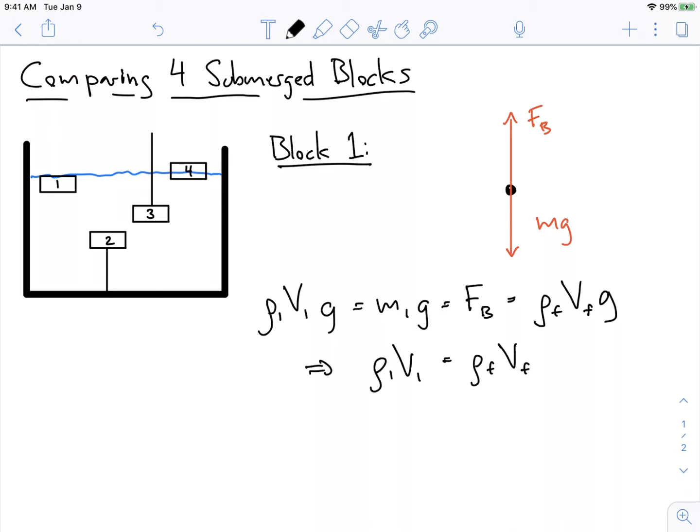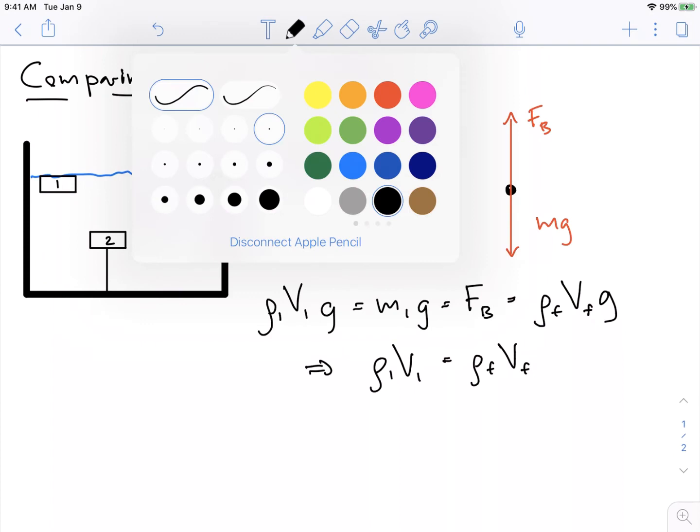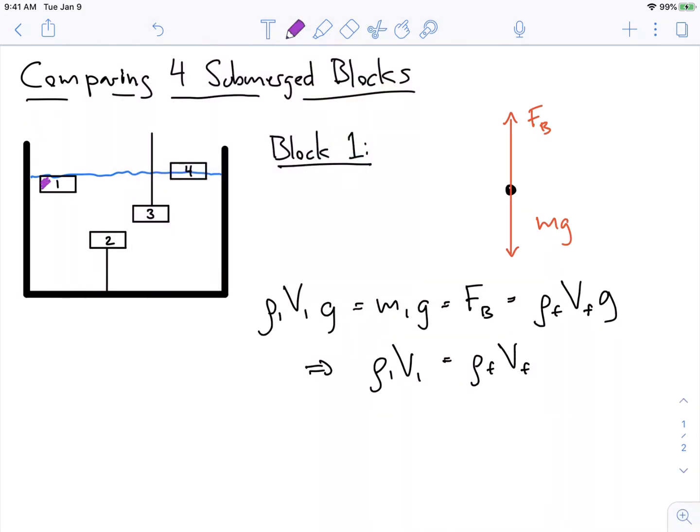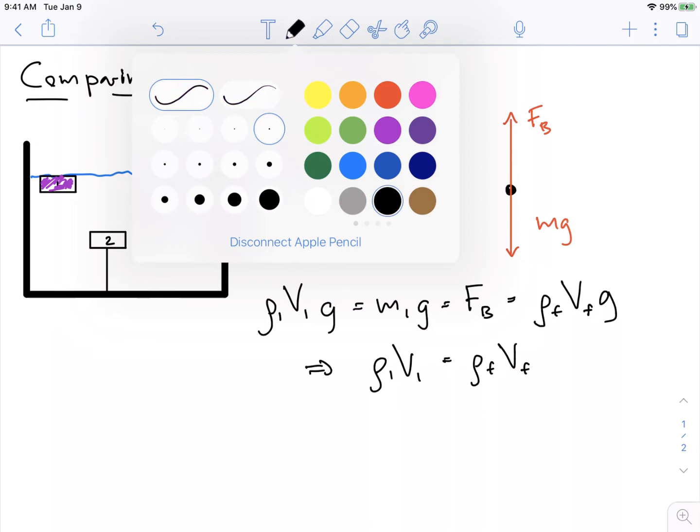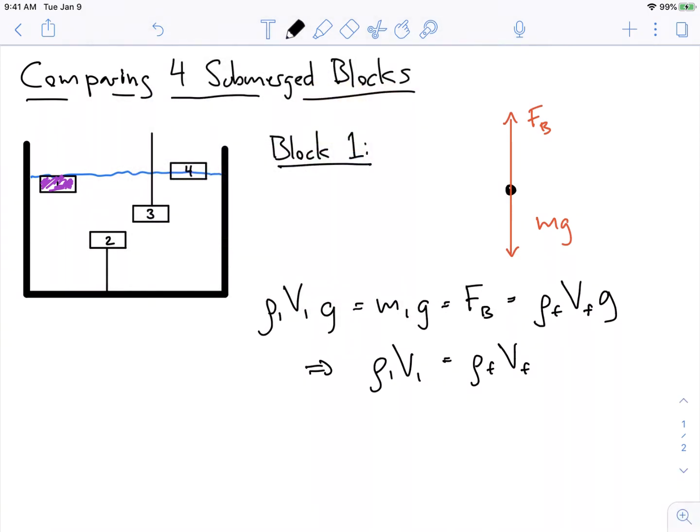This block is completely submerged underwater, so its volume is the same as the displaced fluid volume: V1 is equal to Vf. So the density of block 1 must equal the density of the fluid, and this is neutral buoyancy.